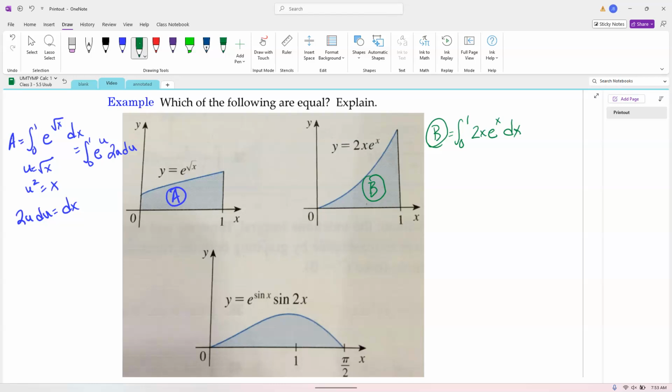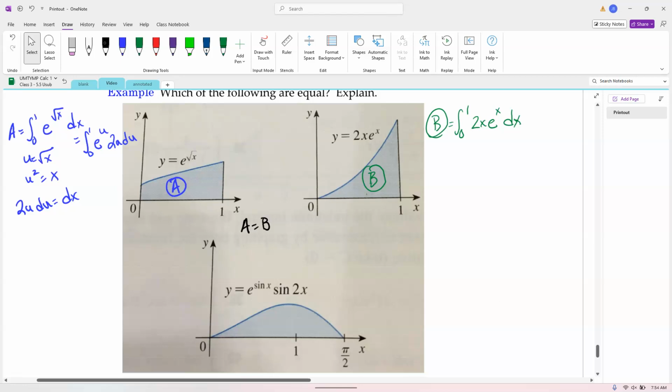So these are actually the same. So A and B are the same, even though they look really different, right? So when you do a u substitution, the geometry changes a little bit because you are changing the function, you're changing the slope of that curve or how that curve moves through space.